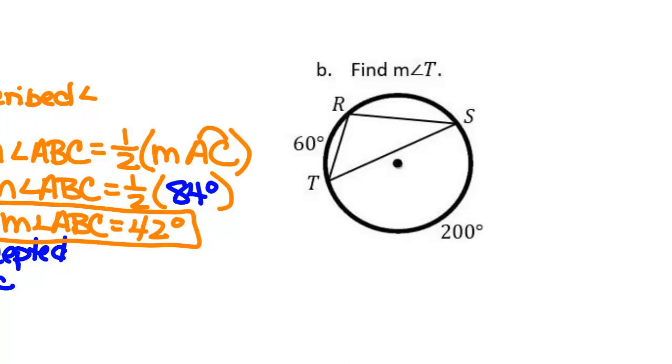Part B of this question, they want us to find angle T. Here's angle T. So this is the angle that we want to find. What is the arc that angle T intercepts?